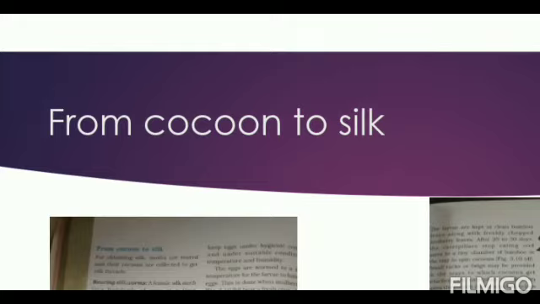From cocoon to silk. For obtaining silk, moths are reared and their cocoons are collected to get the silk thread. Rearing silkworms. A female silk moth lays hundreds of eggs at a time.